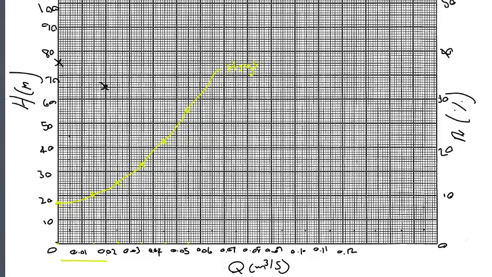Oh, we just need to go back. 65 is on this one here. Right there. And then 0.025, that one lies on 57, so that will lie somewhere here. That's our 57 mark. Then the next one being 0.035, which lies on 47, which should be more or less there.